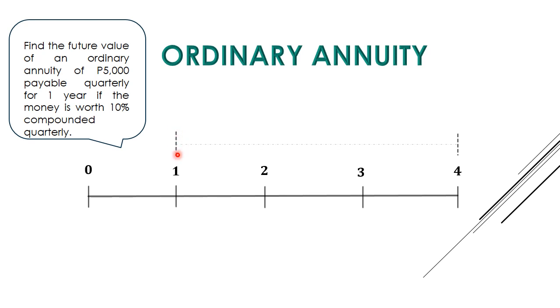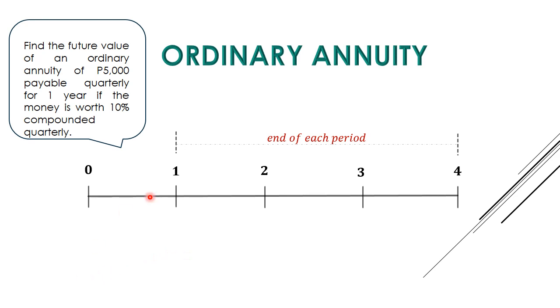And the end of the second quarter is here, so this is the next payment, and the next payment will be the end of the third quarter, and the last payment will be the end of the fourth quarter. So from 1 to 4 is the end of each period.